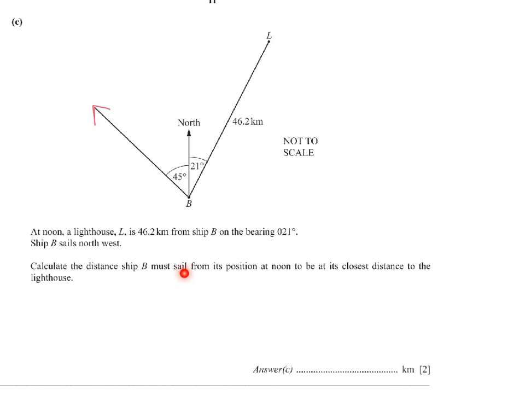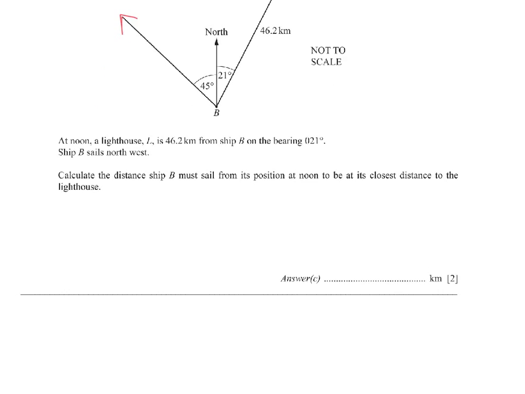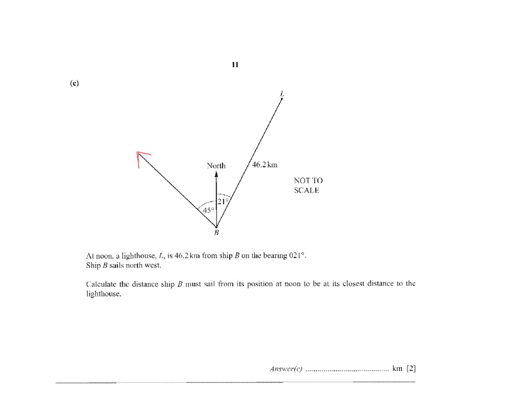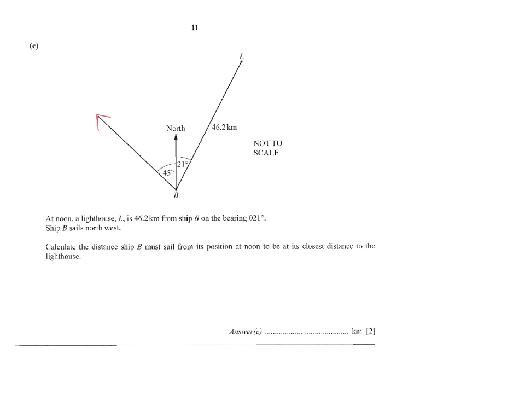Calculate the distance ship B must sail from its position at noon, so from this position, to be at its closest distance to the lighthouse. Okay. And how many points? Yeah, 2 points. Because it's not too difficult if you understand what's going on. What is the closest distance? It's always the perpendicular distance to a point.